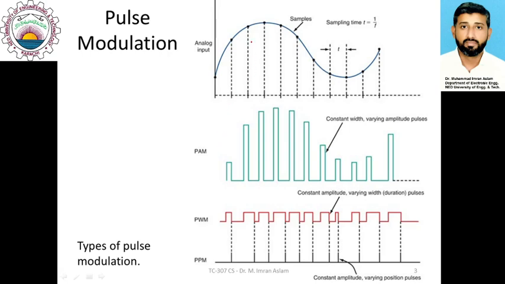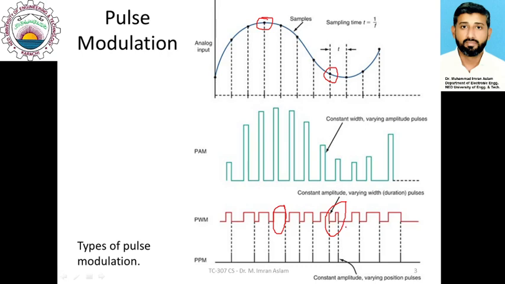However, if we use pulse width modulation or PWM scheme, you can see that the amplitudes all remain the same. There is no change in the amplitude. Rather, we change the width of the pulse. You can see that the higher amplitude in the analog signal here is represented by a relatively wider pulse, whereas the low amplitude is represented by a relatively narrower pulse here.